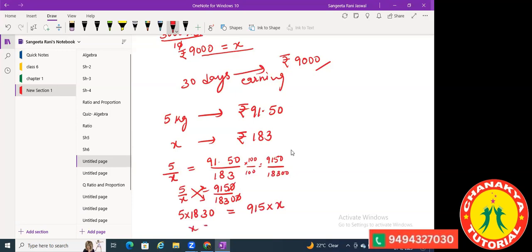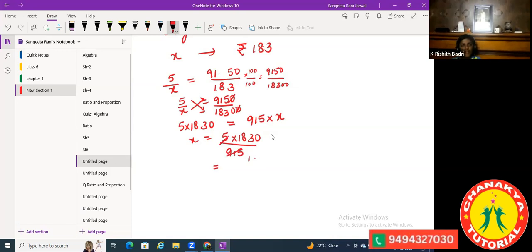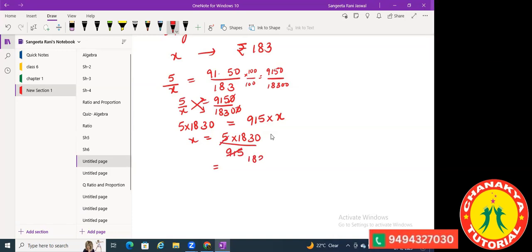Now to find your value of x, what will you do? You will leave x in the same place, and whatever you have in your numerator divided by 915. So when you multiply this, just reduce with these; both these numbers can go with 5, because in their unit place you have 5. 5 ones are 5, 5 8s are 40, 5 3s are 15.